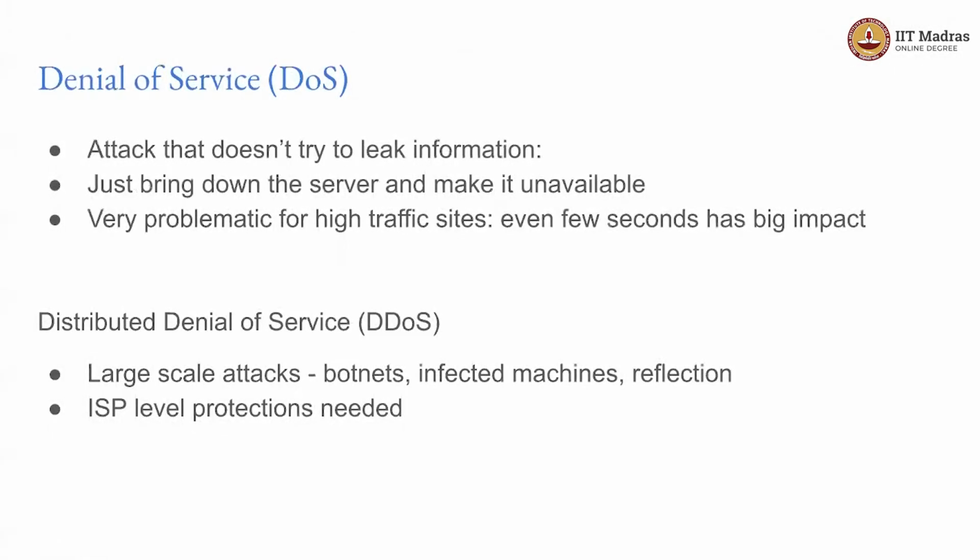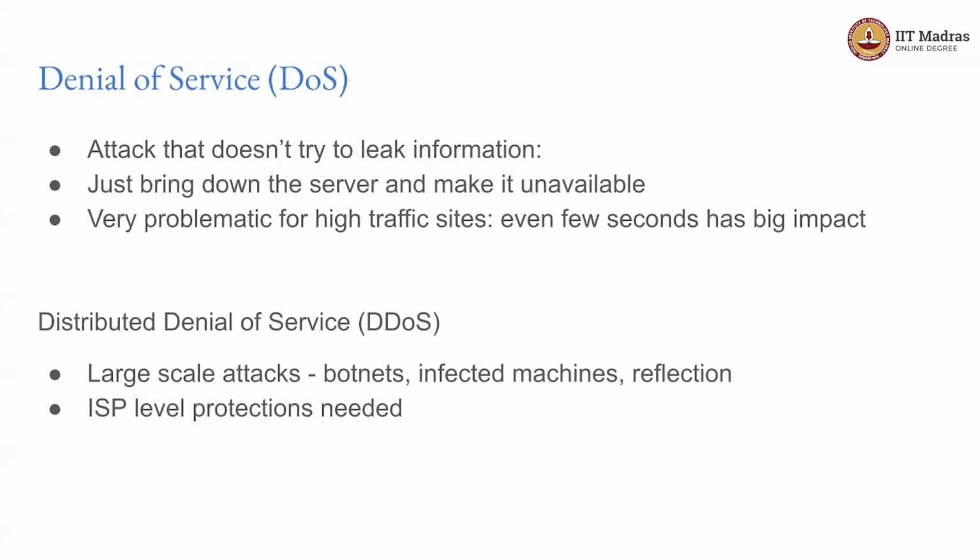A related problem, more from the network point of view on servers, is something called denial of service. Denial of service is not really trying to leak information, right? It's not trying to extract information or personally identifiable information. Essentially, it takes a different approach. What it says is, look, there is some kind of high traffic website, where the application developer is having a good website with a lot of traffic on it.